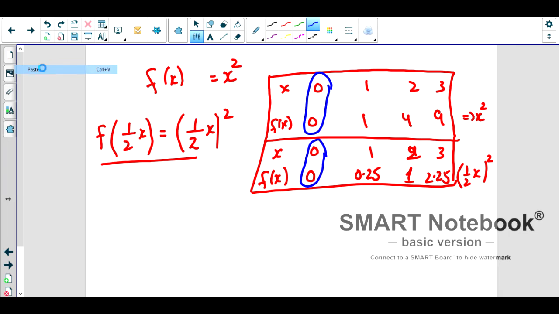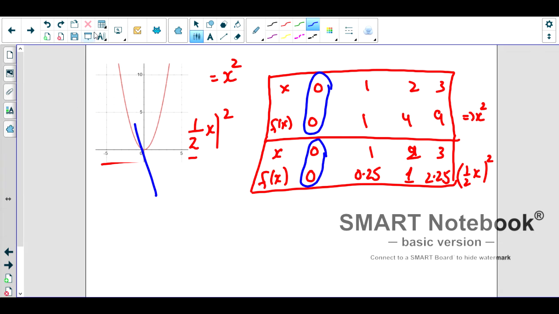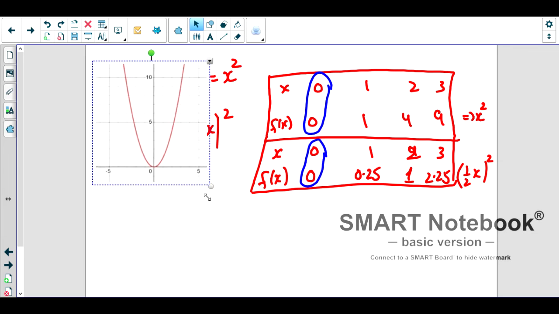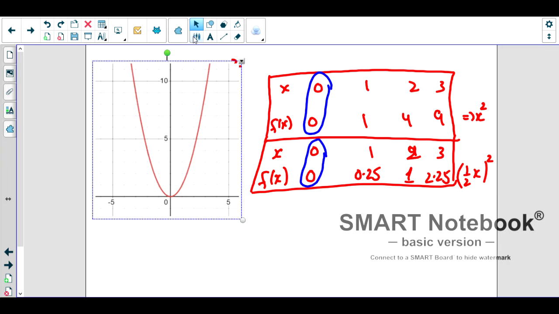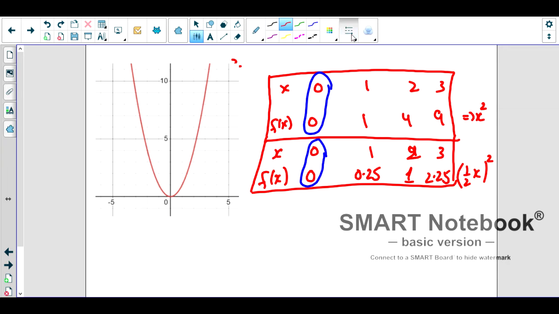Let us try to plot it. This is the graph for f of x equals x squared. Now what is happening here? On 0, it is still 0, but on 1, before it was 1, now it is 0.25.